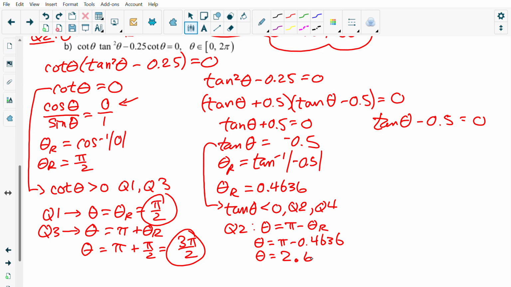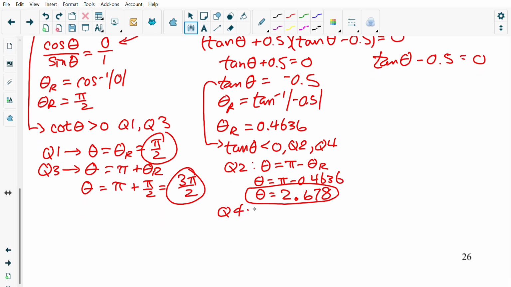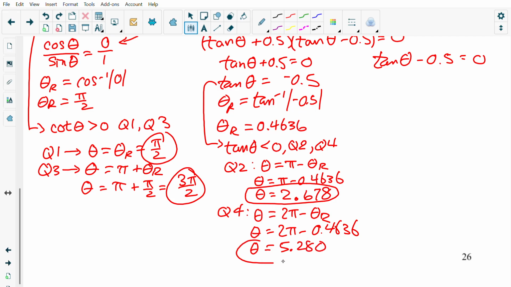The angle in standard position is 2.678. So that's one solution. In quadrant 4, where the tangent is also negative, the angle in standard position equals 2 pi minus the reference angle. So theta equals 2 pi minus 0.4636, which is 5.280. There's another solution.